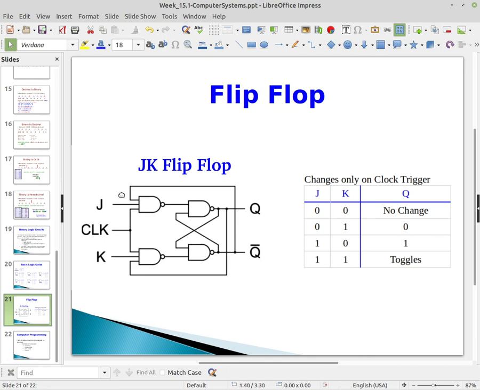So I have my inputs, which they call J and K, and we're feeding Q back into the input of K, and we're feeding the Q naught. Okay, the Q with the bar over it is read as the Q naught. And so we're feeding that back into the J.